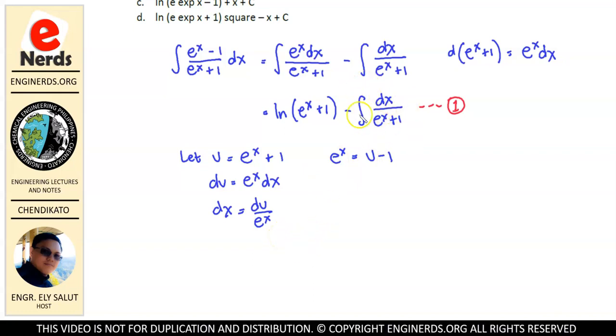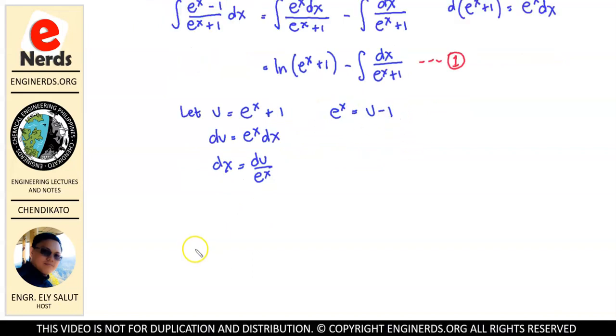So, sulat na natin itong integral of dx over e to the x plus 1, dahil alam naman natin itong first term natin, nasagutan na. Ito lang ang wala. So, we're going to separate that. We will have the integral of dx over e to the x plus 1. Medyo mahaba siya, sabi ko kanina, kaya natin sineparate.